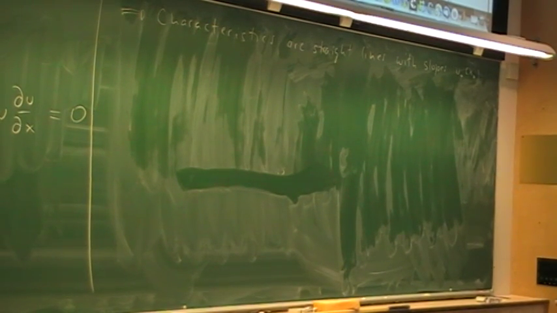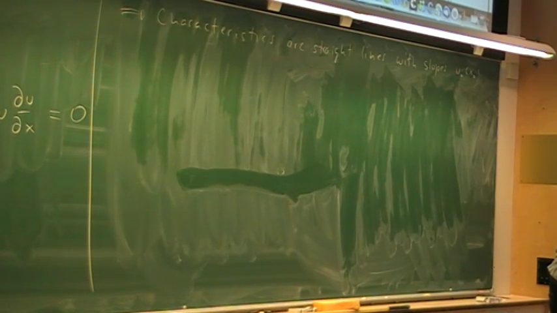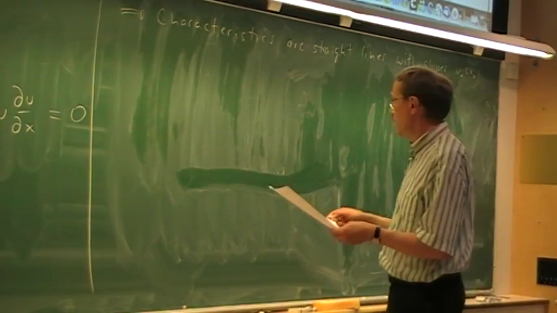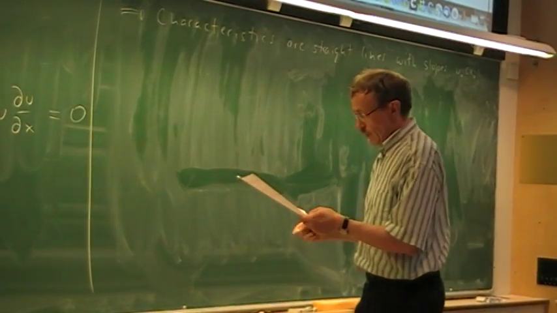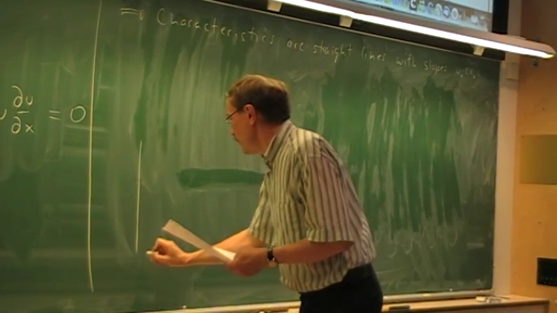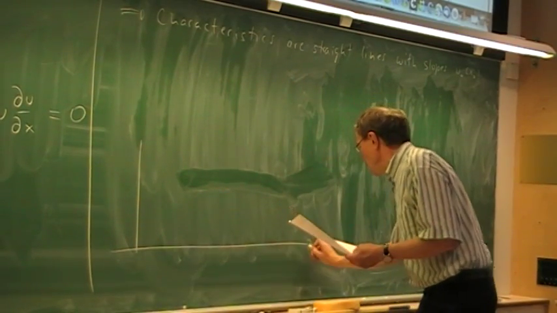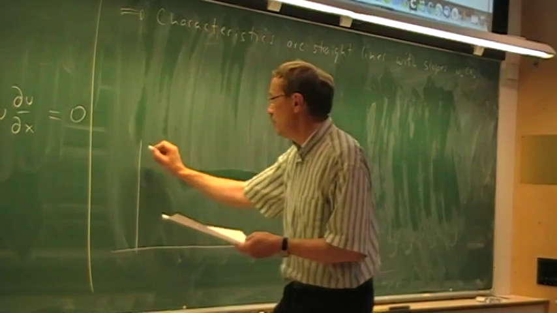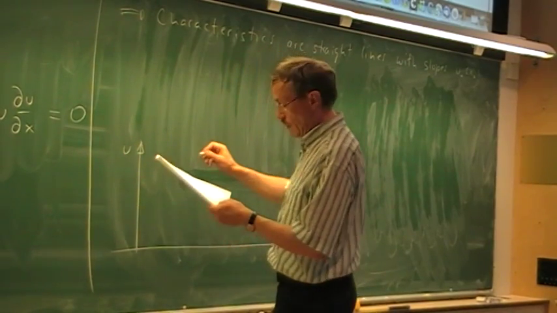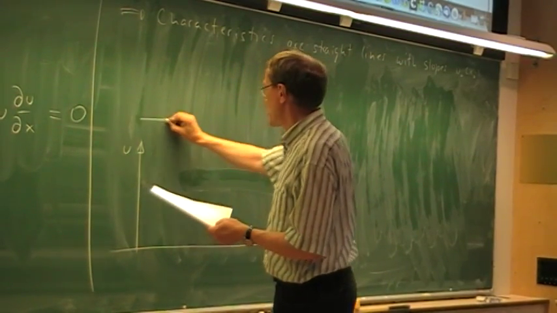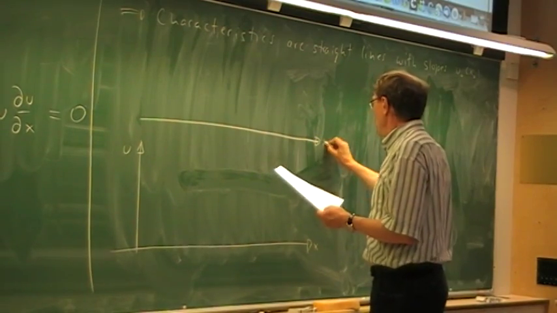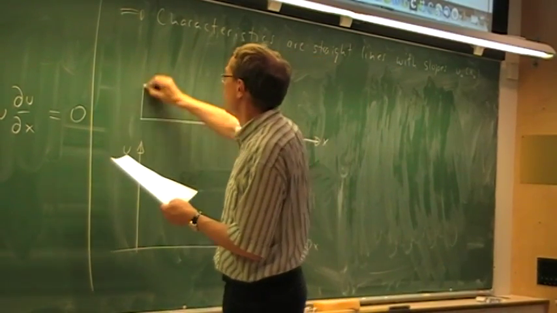Okay, let's see. What does that mean? Let's look at an example. We have x and u in this plot, and in another plot we plot x and t.